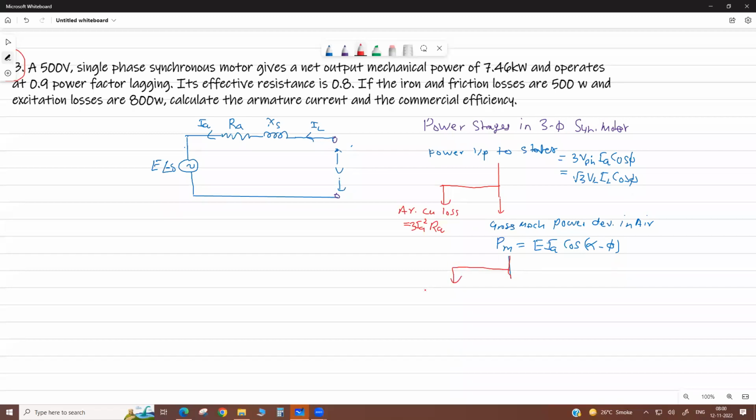What loss occurs next? Friction, windage, rotational losses. Rotational losses include iron loss, meaning mechanical plus magnetic, excitation and friction.